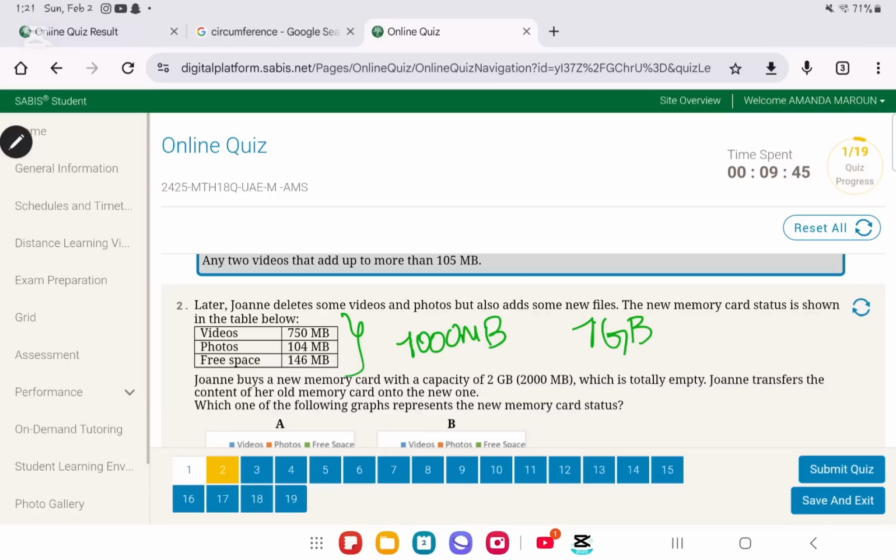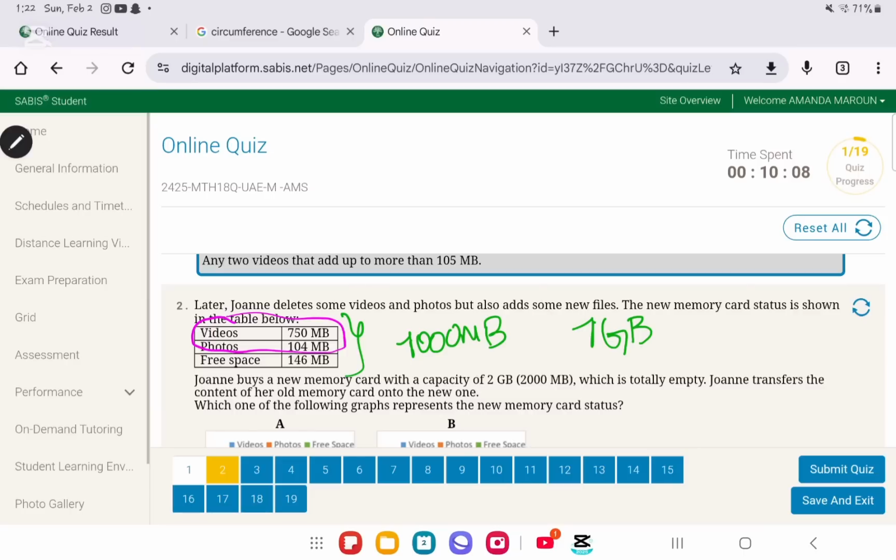Now, Joanne buys a new memory card with a capacity of 2 gigabytes, which is 2000 megabytes, which is totally empty. She transfers the content of her old memory card onto the new one. So very simply, what we're gonna do is we know that these are the only things that are gonna take up space.